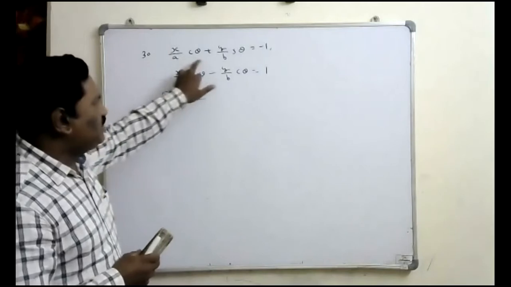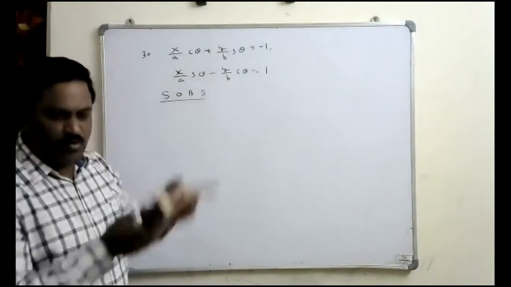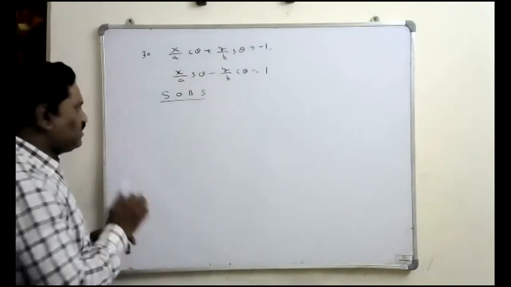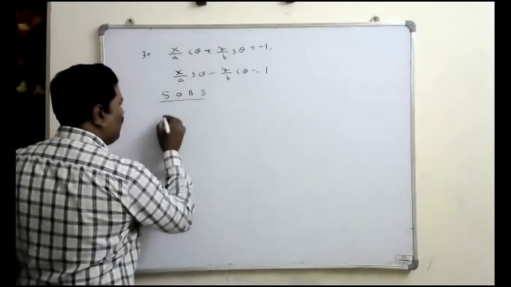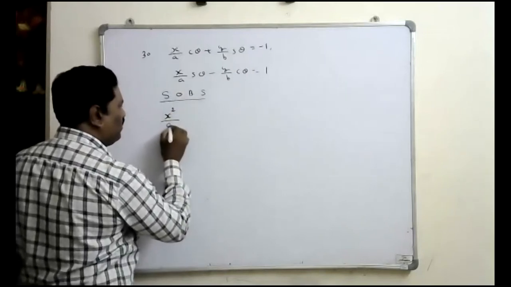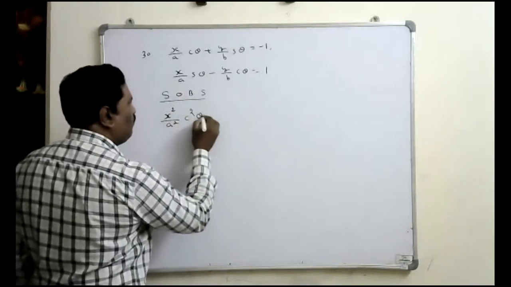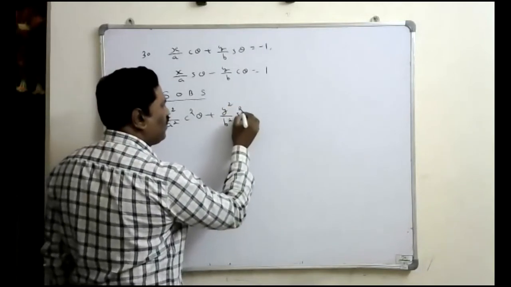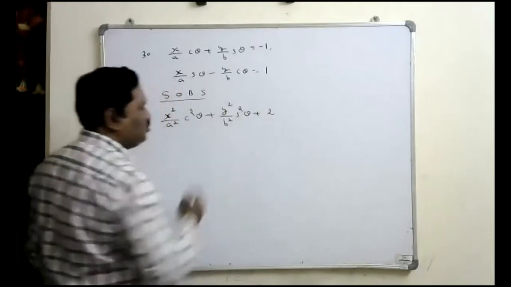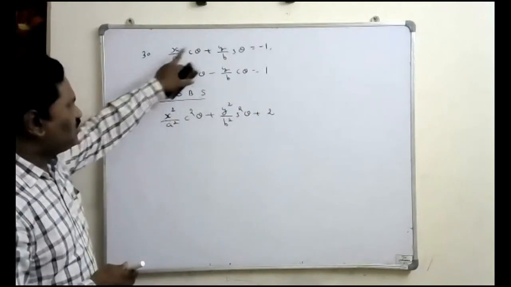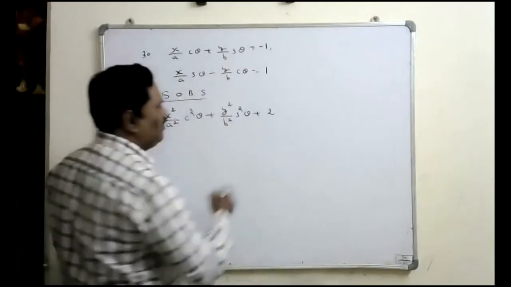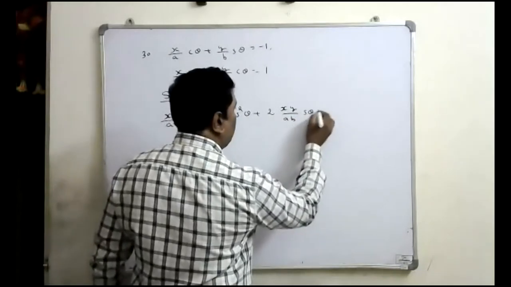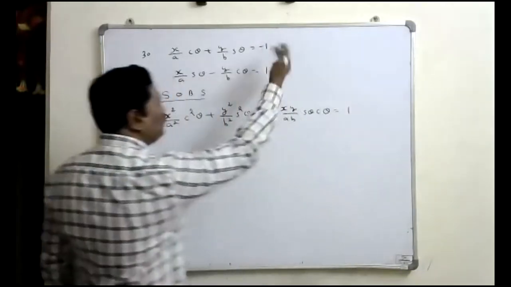Means x by a cos theta plus y by b sin theta whole square. And if you expand that, a plus b whole square form, a square means x square by a square cos square theta plus b square means y square by b square sin square theta plus 2ab, that is 2 into x by a cos theta into y by b sin theta, that is you can write 2xy by ab sin theta cos theta is equal to minus 1 whole square is 1.